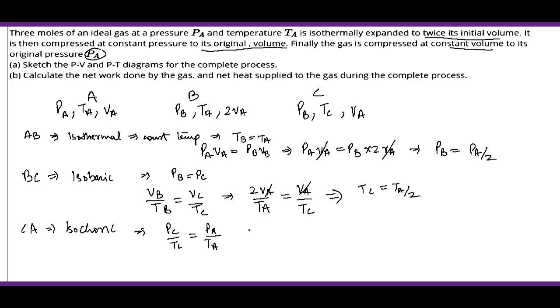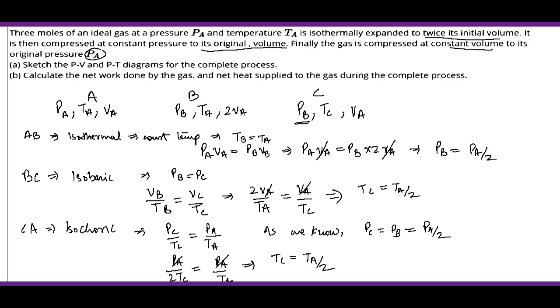As we know, Pc is equal to Pb, which I have already written here also, which is equal to Pa by 2. So what we can write here is Pc is Pa by 2, so Pa by 2 Tc equals Pa by Ta. Pa got cancelled. This implies Tc is equal to Ta by 2, right?